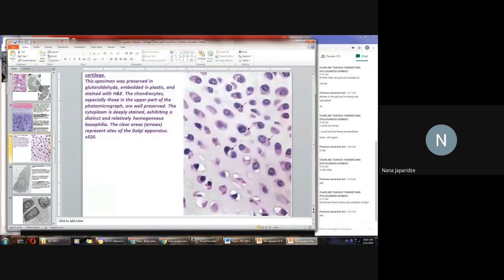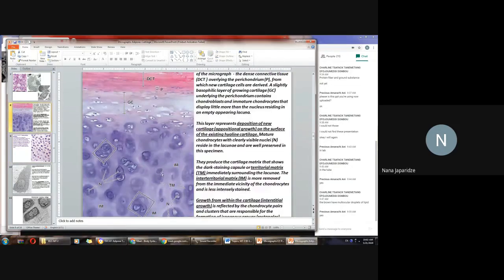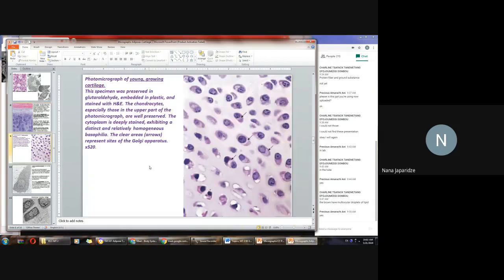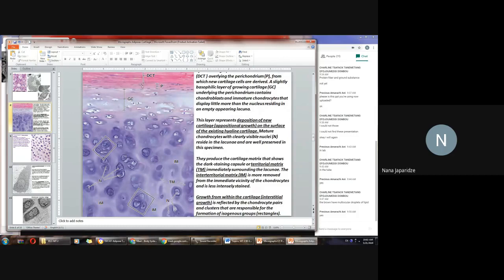Regarding the cartilage cells, look, cartilage is a specialized type of connective tissue. And what we have here, chondrocytes, yes, the main principal cells of cartilage tissue are called chondrocytes.